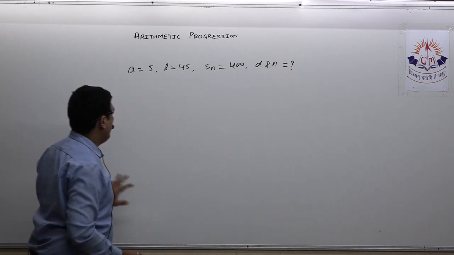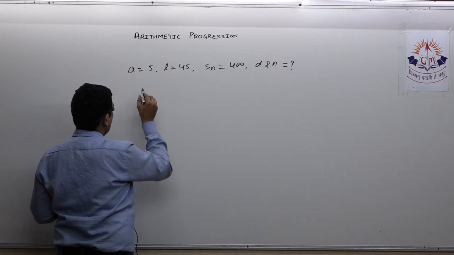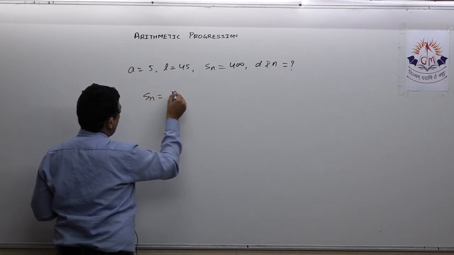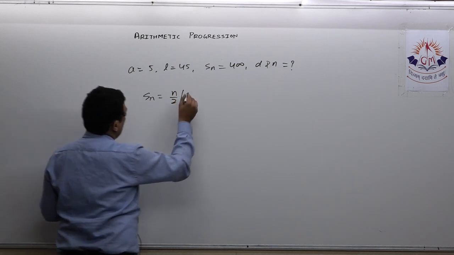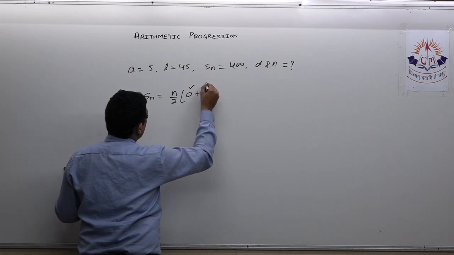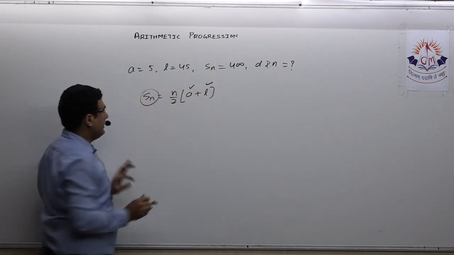So again, if you apply the formula, Sn is equal to n by 2 (a plus l). a is given, l is given, Sn is given. So directly you will get n, isn't it?